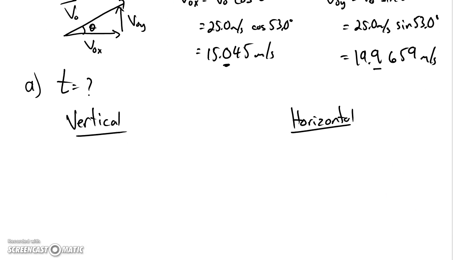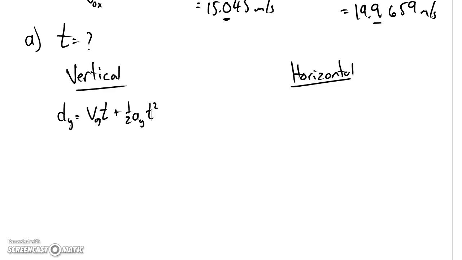The equation that we'd have to use would be dy equals v naught y t plus 1/2 ay t squared. Nothing is 0 there, so we can't rearrange it the same way. Because of that t squared, this is a quadratic equation, just like you would see in math.